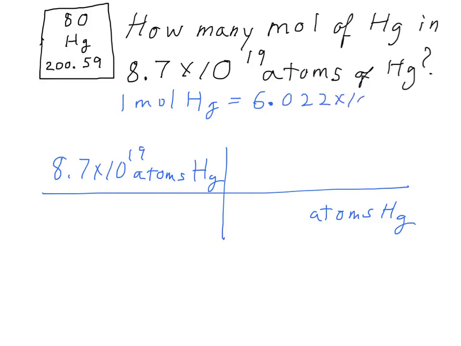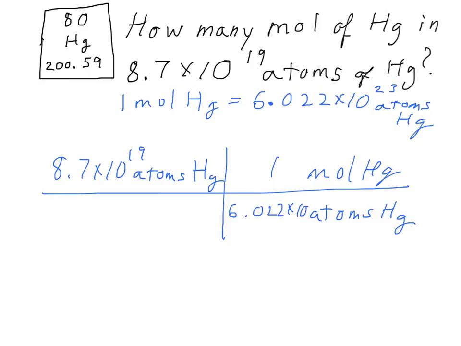6.022 times 10 to the 23rd of it. So, I now know a relationship. I keep the numbers with their units. I multiply everything on top. I divide by everything on the bottom.